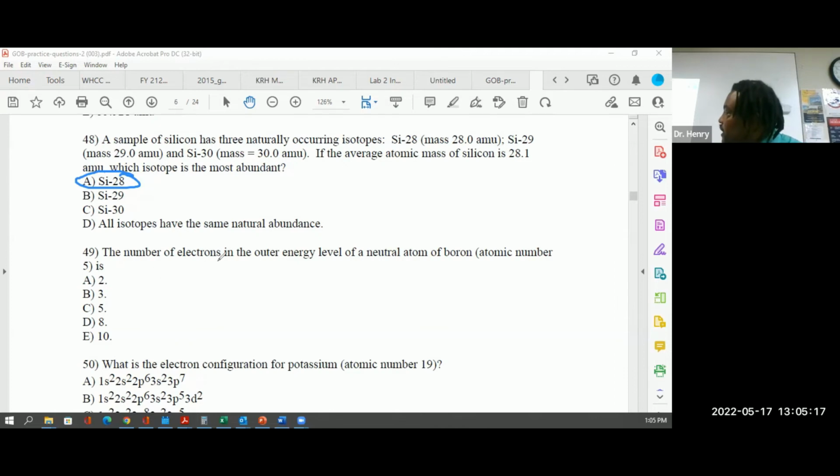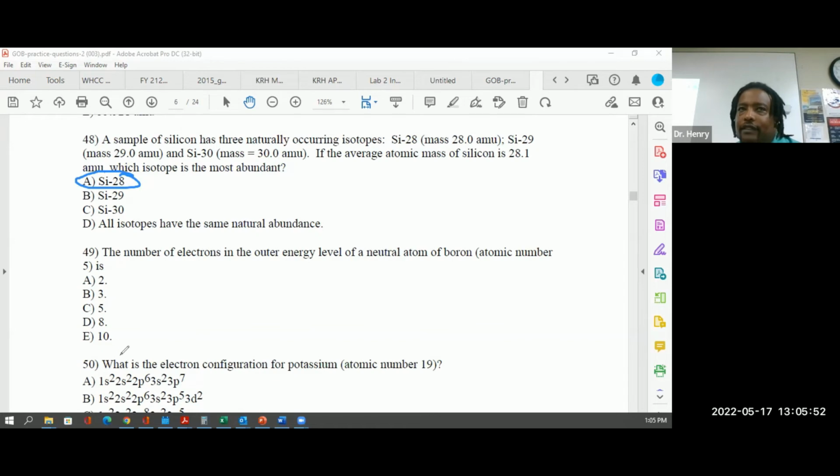Okay, the number of electrons in the outer energy level of a neutral atom of boron is: it has an atomic number of 5, if you can't find it. A, 2, B, 3, C, 5, D, 8, E, 10.